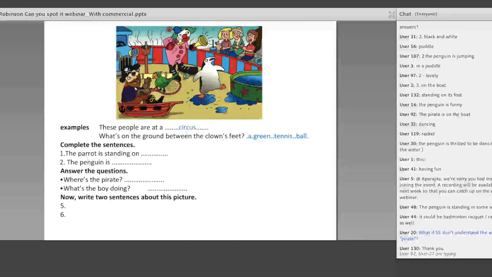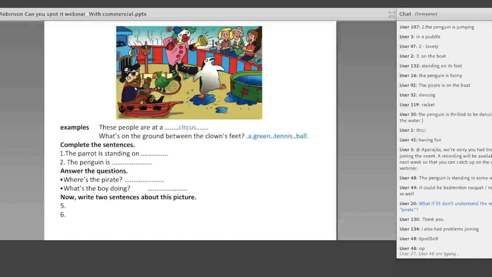The next thing for this task: we've got the two examples, we've completed our sentences, we've answered the questions, and then in the final part they're asked to write two sentences of their own about this picture.